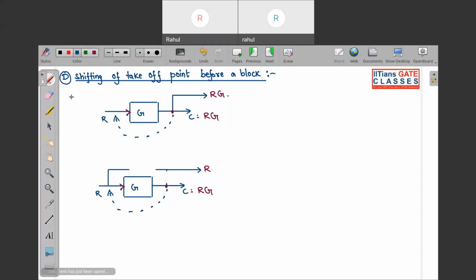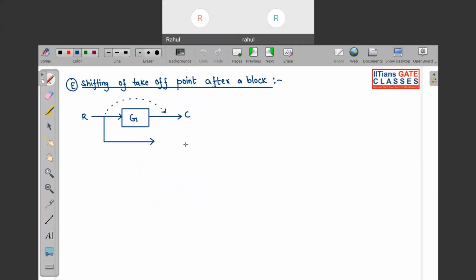I should introduce one block that should have gain G. So now you can see after shifting this takeoff point behind this block, the output of this takeoff point is again the same as before manipulation, so Rg. This is why students remember that whenever a takeoff point goes behind a block, we multiply it with the gain of the block behind which the takeoff point has been taken.